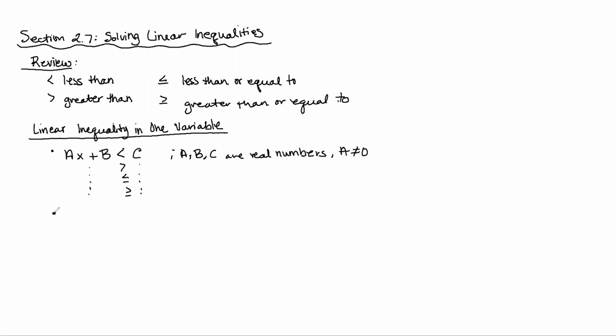Okay, and so one thing that's different about this one compared to the equation is that instead of having the solution as just a single number, or like the special cases we saw where it was all real numbers or no solution, we can still have those two special cases. But if it's not a special case, then the solution is a set of numbers.